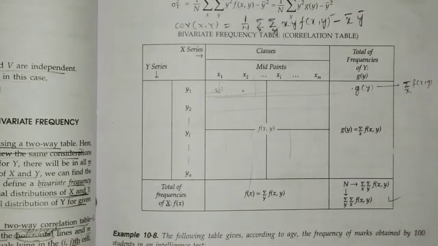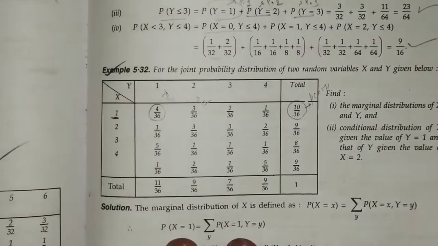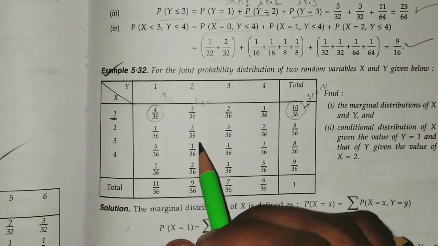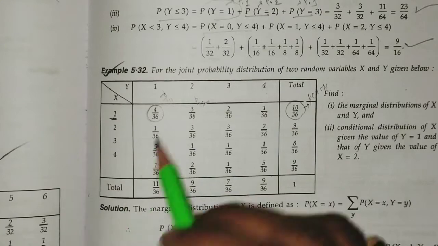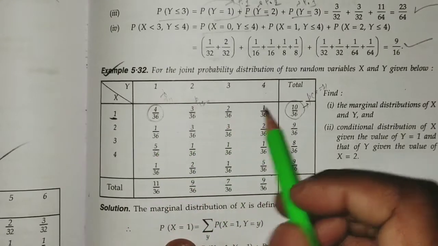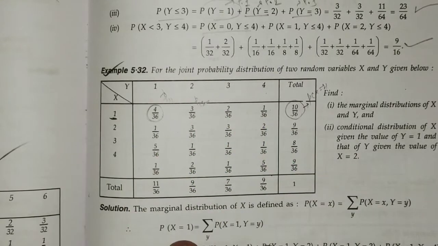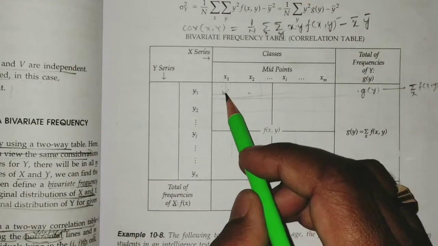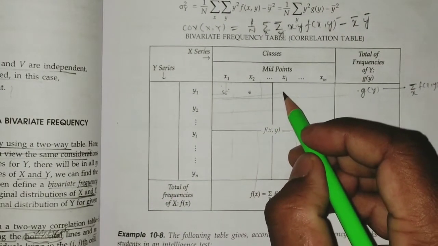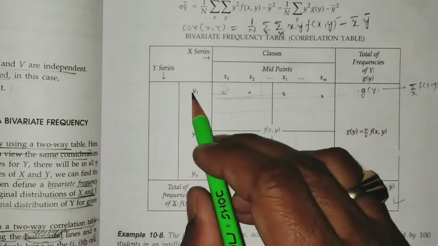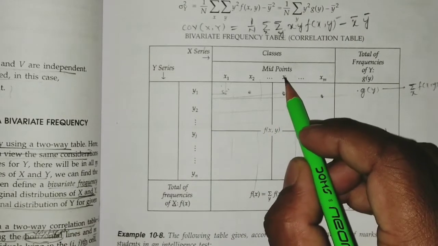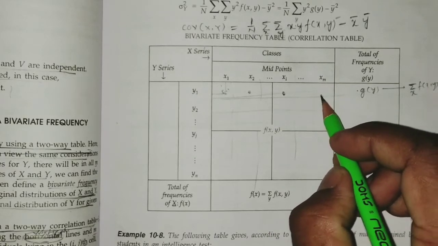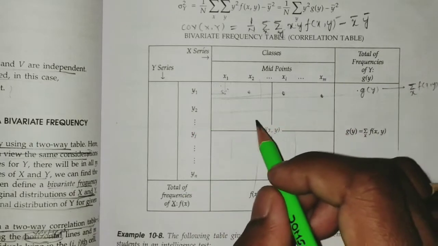Another difference is that in the 2D probability distribution table each cell value represents the probability. But here each cell value, x1 y1, x2 y2, xi y1, xm y1, these points belong to frequency.